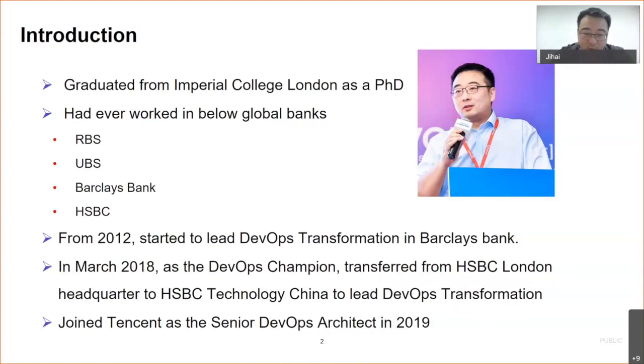I started to work on DevOps from 2012 in Barclays Bank, and then joined HSBC in 2016, and then transferred from the London office to the China office in 2018, to lead the DevOps transformation there. In 2019, I joined Tencent as a senior DevOps architect, and so far I'm still working on DevOps.